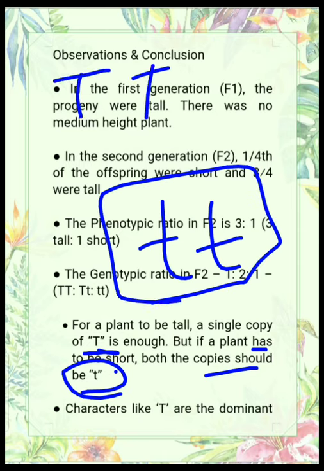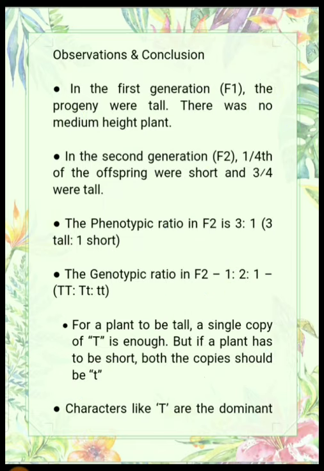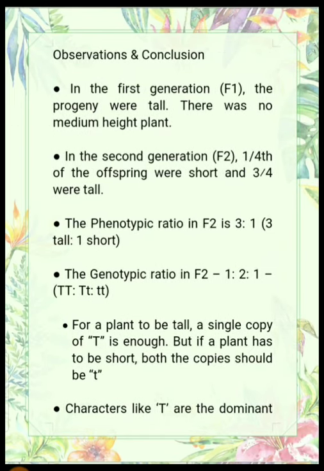Otherwise, in this case the plant will be tall, and in this case also the plant will be tall, because capital T is the dominant gene. Characters like capital T are the dominant trait as they are expressed, and small t are recessive traits as they remain suppressed. Suppressed means they don't express themselves in the presence of the dominant gene. So we can say here that capital T is the dominant gene and small t is the recessive.